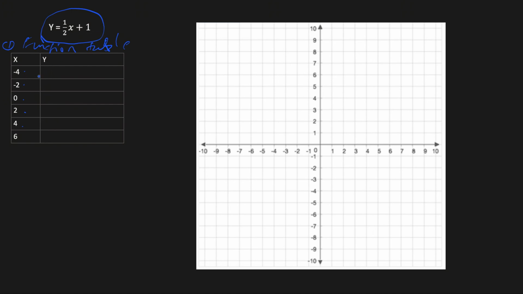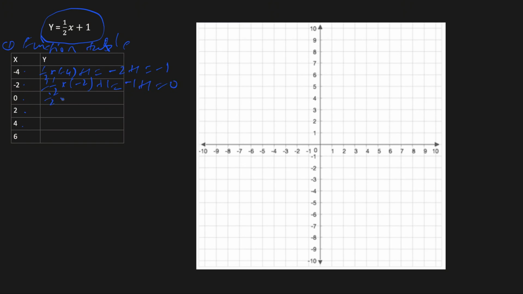So when x is minus 4, we get half times minus 4 plus 1, so this is negative 2 plus 1, so negative 1. Second, half times negative 2 plus 1, which is minus 1 plus 1, 0.